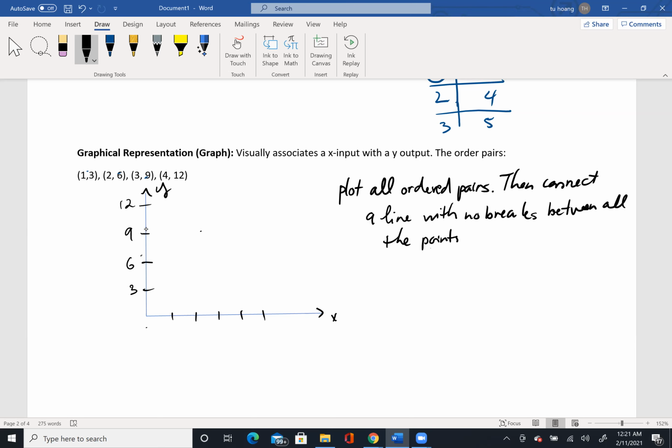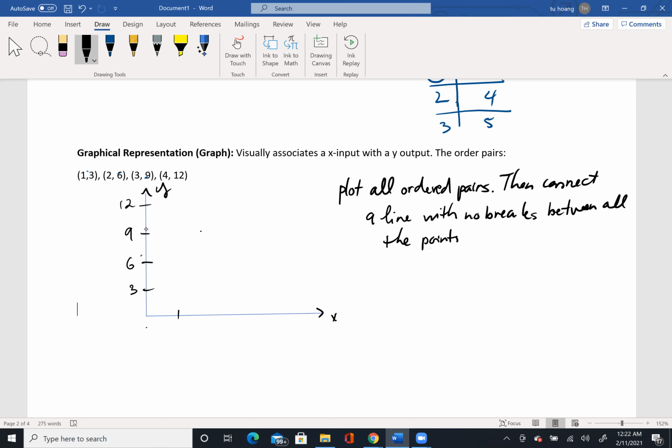So I have 1, 2, 3, 4. As I said before, it doesn't have to be the same scale between x and y, but if you can do that, then that's nicer. For this time I'm gonna do the same scale for you guys to see.